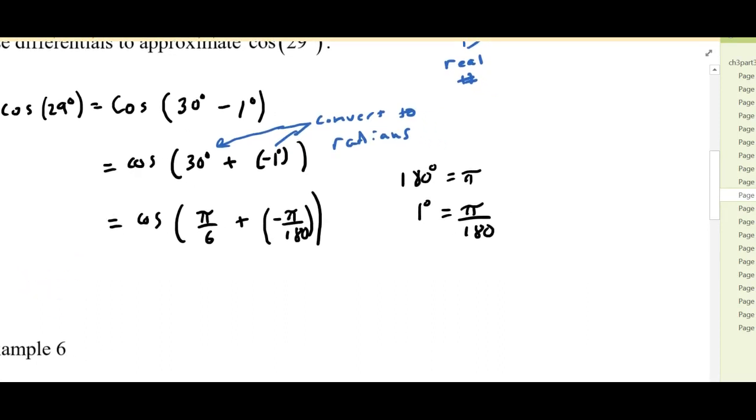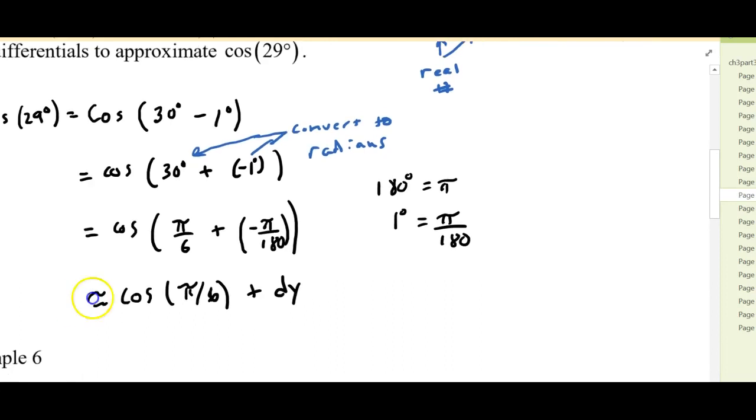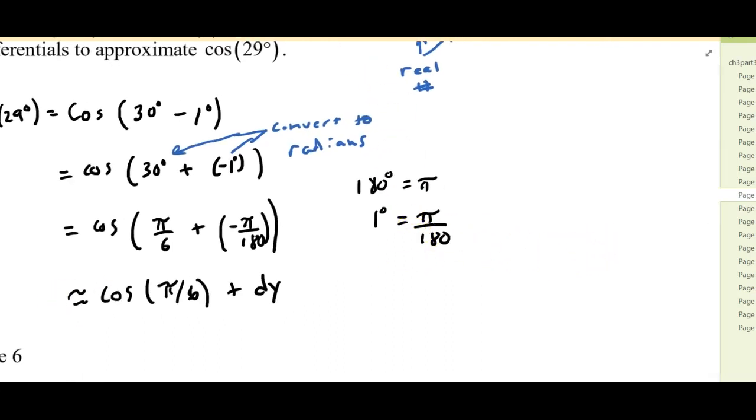According to differentials, the formula in blue, cosine of pi over 6 plus negative pi over 180 should be approximately f of a, where f is the cosine function, so cosine of pi over 6 plus dy. What's dy? dy is f prime of x dx.